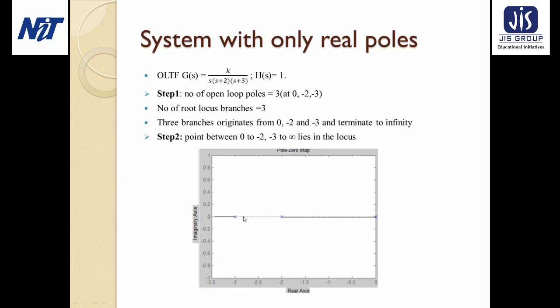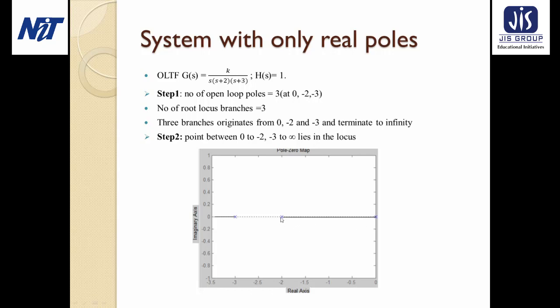If we consider any test point between 0 and -2, the total number of poles and zeros to the right of the test point is 1, an odd number. So all points between 0 and -2 will lie in the locus.